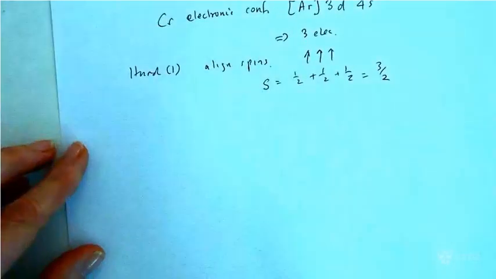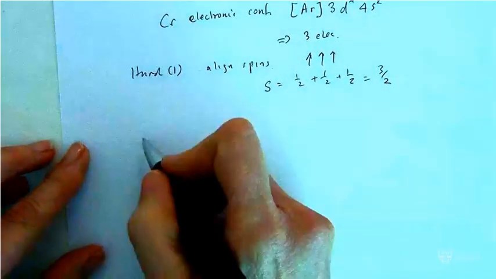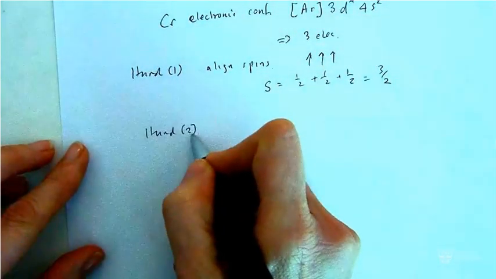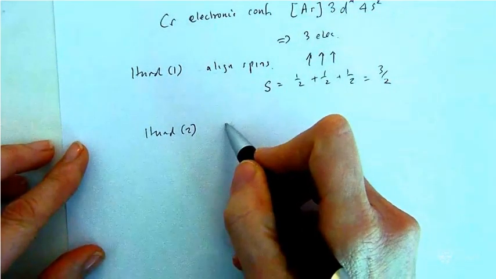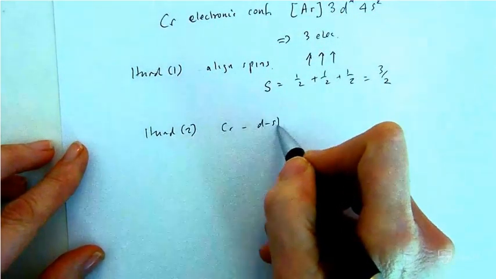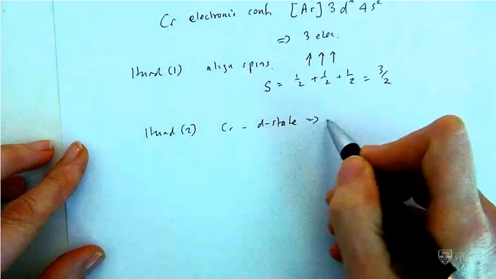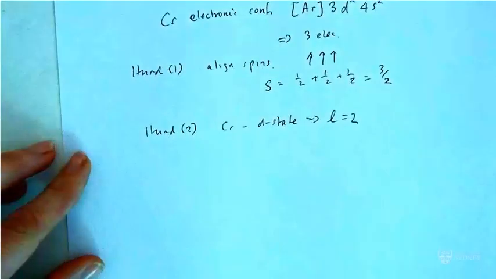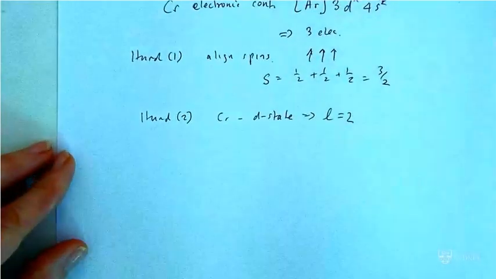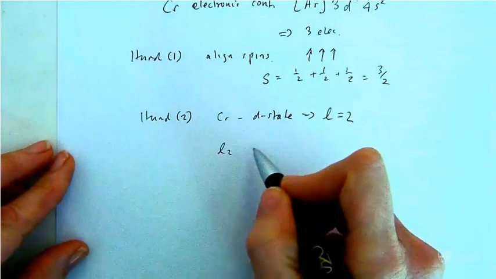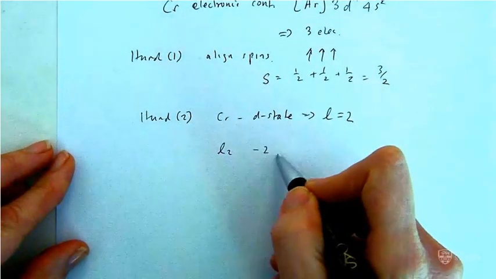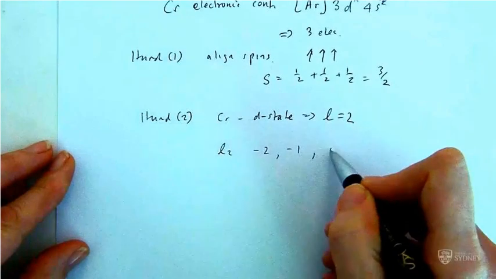And then due to Hund 2, we know that chromium, we're dealing with a D state, and this corresponds to L equals 2 from what we learnt before. So it means that the Lz can go from -2, -1, 0, 1, and 2.